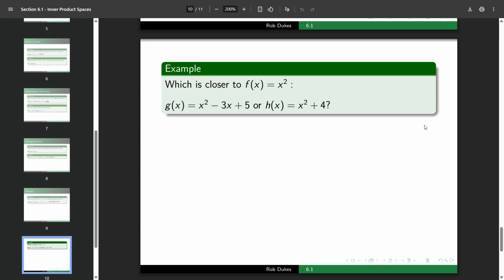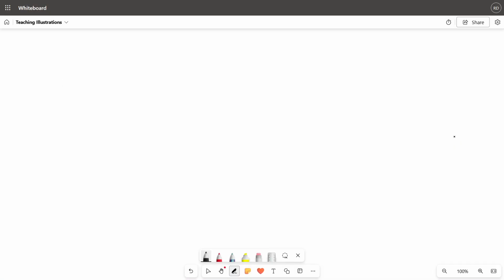So, we have a function x squared. Which is closer: x squared minus 3x plus 5, or x squared plus 4? I would guess x squared plus 4 is closer because this one has an extra linear term and an extra constant, whereas this just has an extra constant. But we don't need to guess. We can prove it.